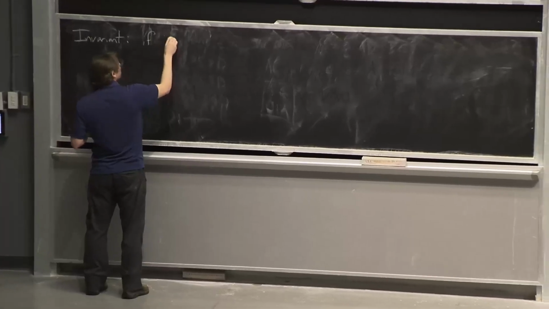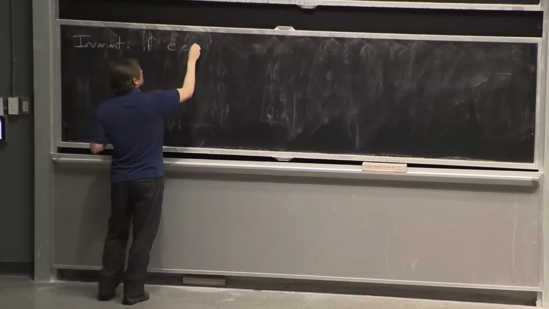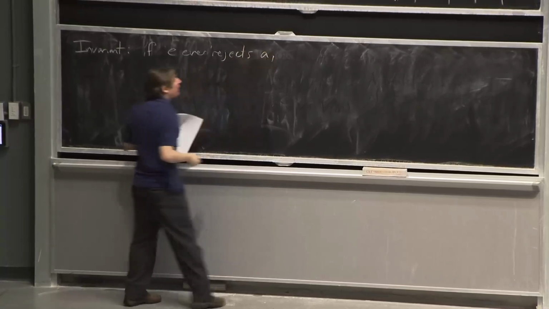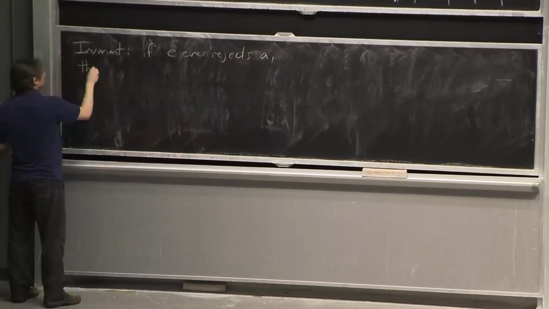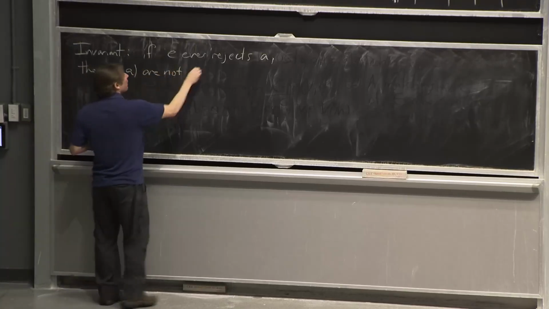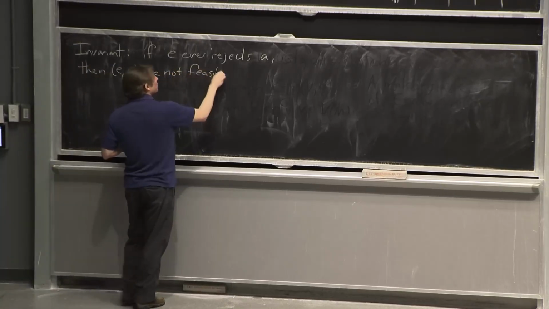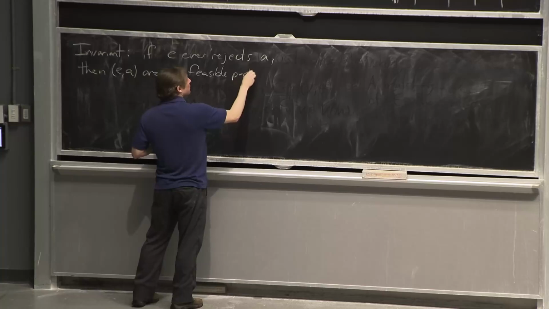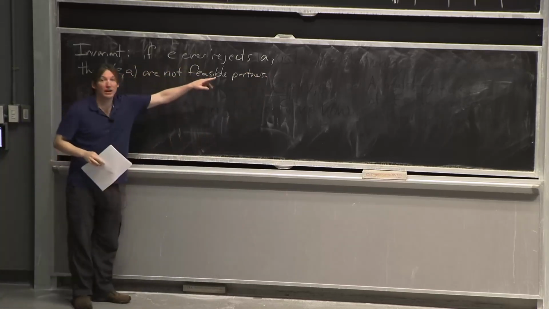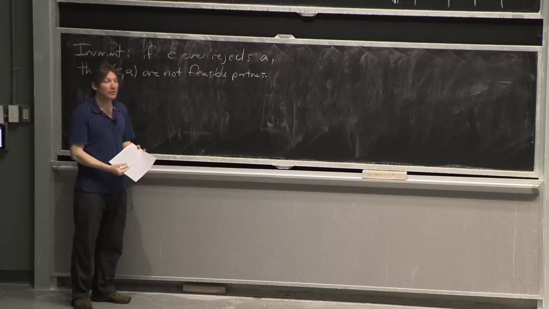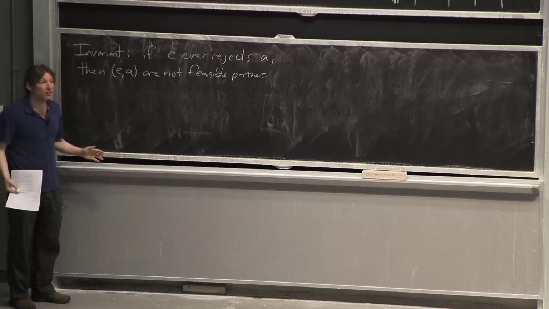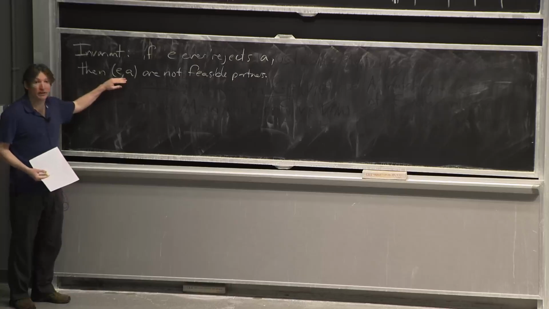So if an evaluator ever rejects an applicant A, then E and A are not feasible partners. So if E rejects A at any time during the Gale-Shapley algorithm, then there does not exist any stable matching at all that puts E with A together.